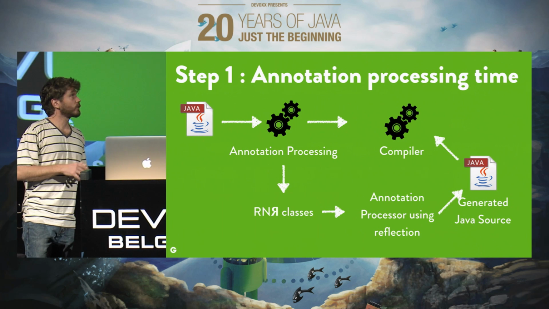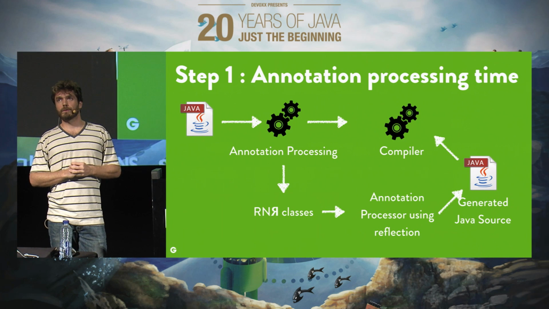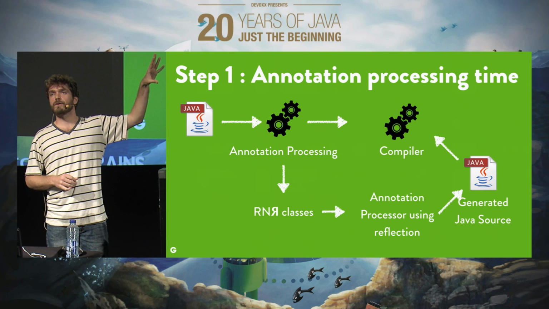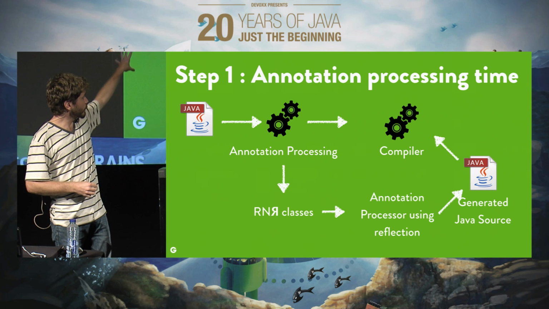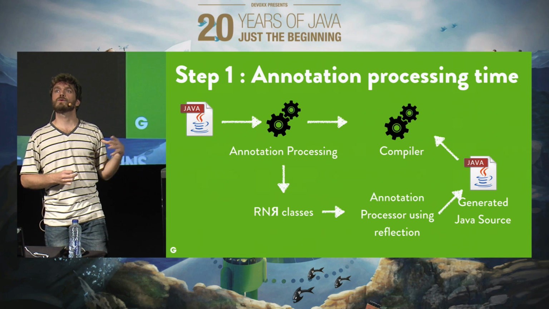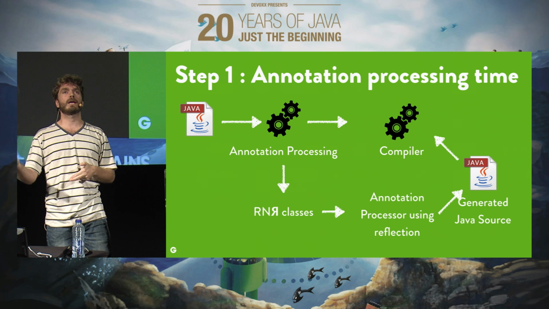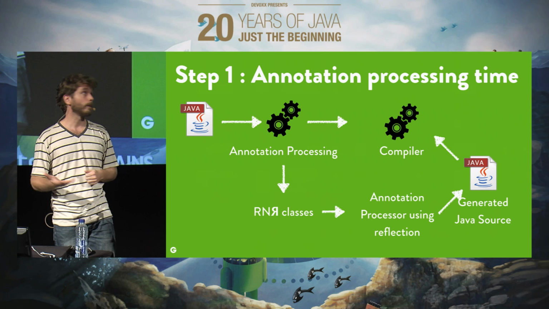The first step takes place during annotation processing. The main idea is that you're going to take your source code, pass it to the annotation processor, then we're going to build R&R classes. So those classes, again, are exactly the same classes, or they expose the same API as the reflection classes.